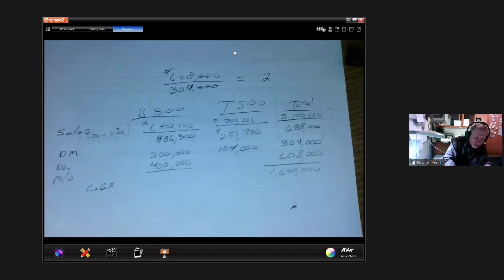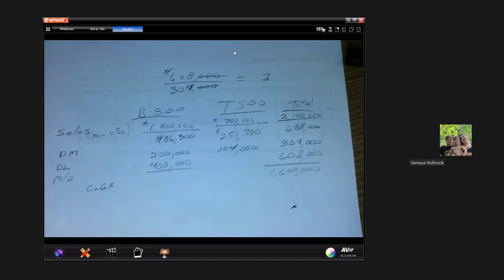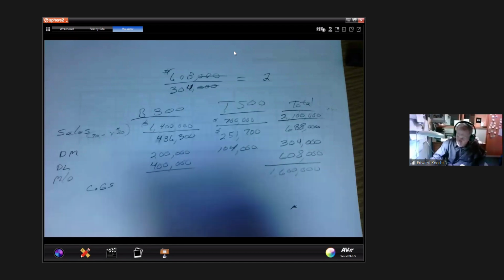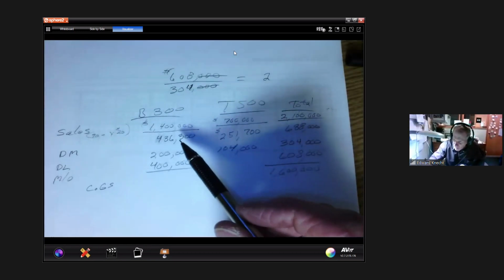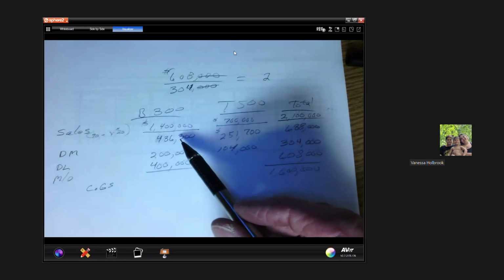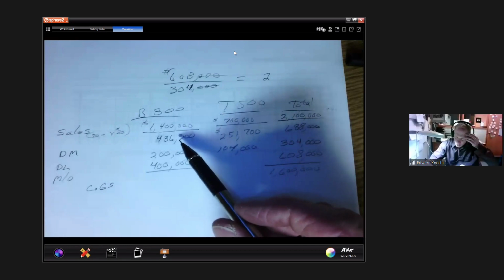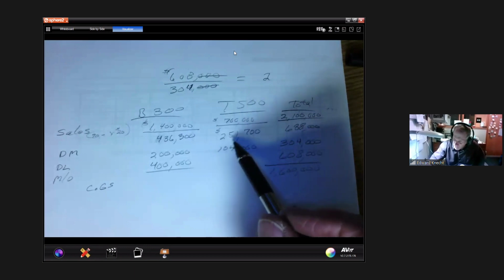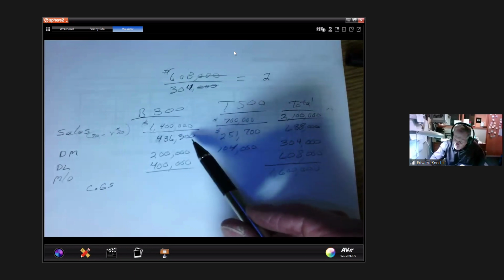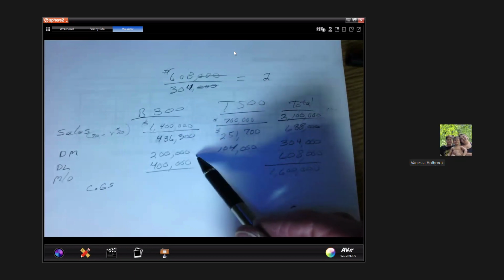Here's the key phrase: under the company's traditional costing system. In the traditional costing system, we include all manufacturing costs. They gave us, split between the two product lines, direct materials and direct labor.